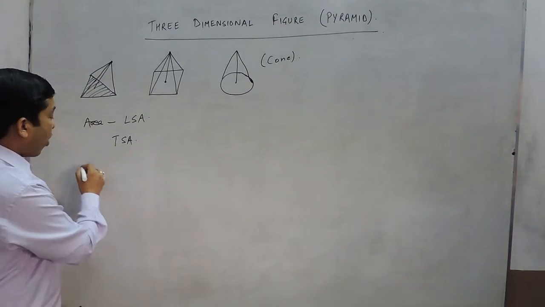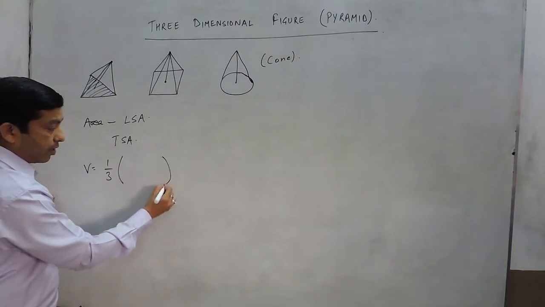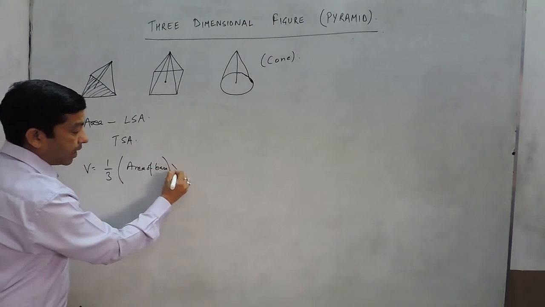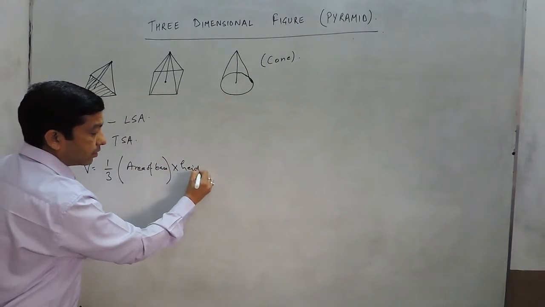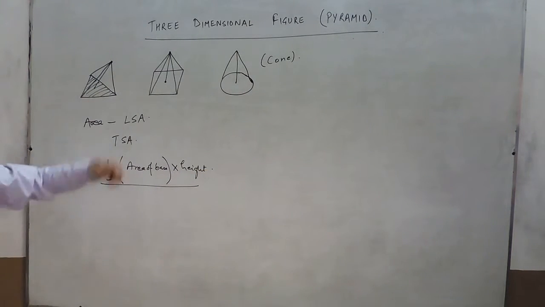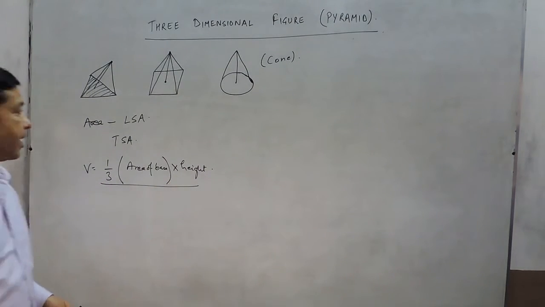And when we talk about the volume of this figure, then it is 1/3 of the area of the base multiplied by height. So the volume of any figure which is pyramid in shape is 1/3 area of the base multiplied by height.